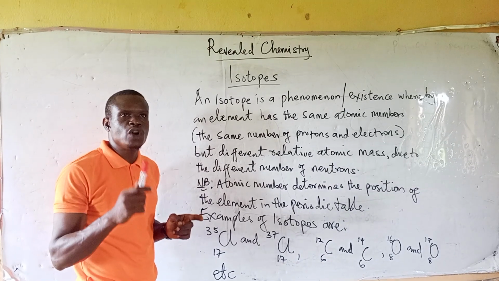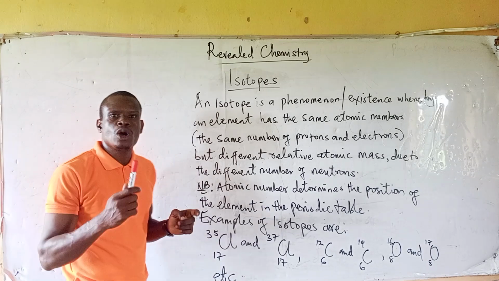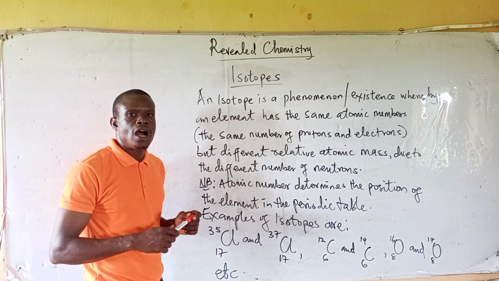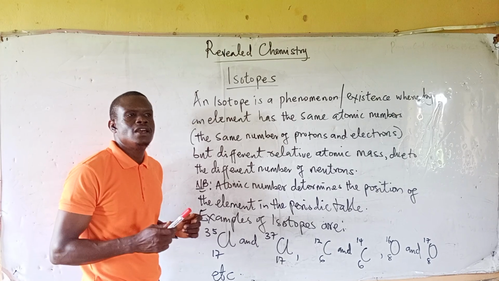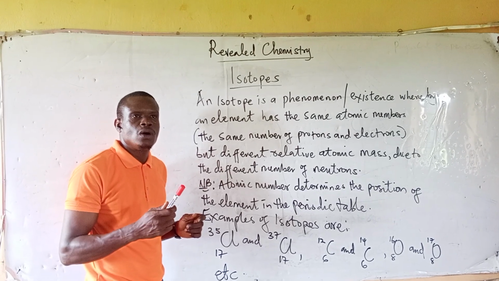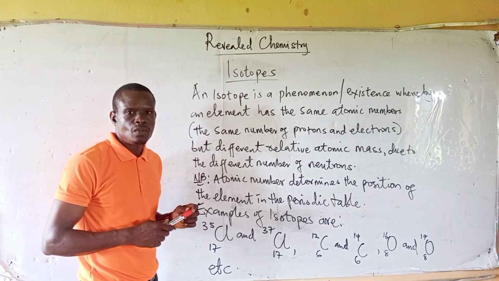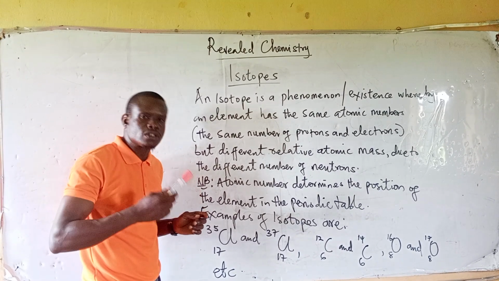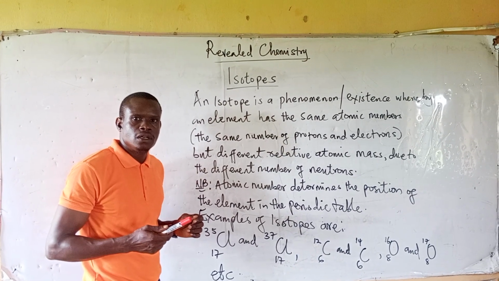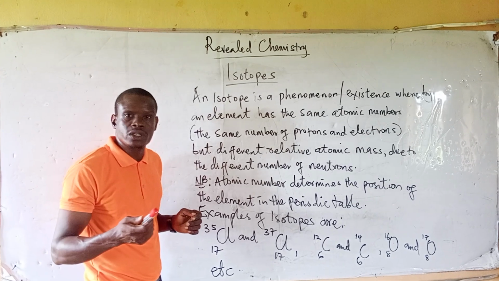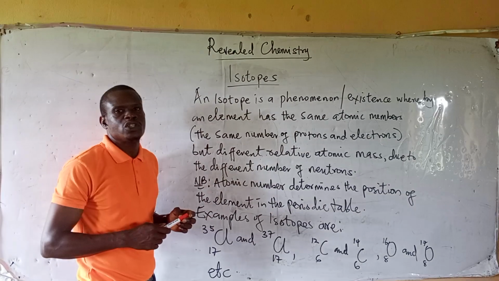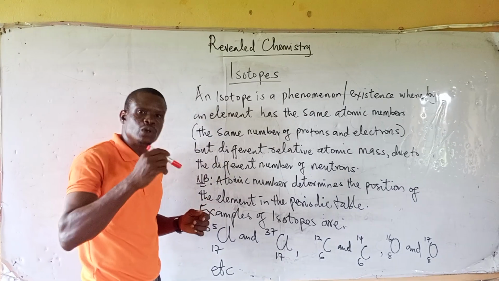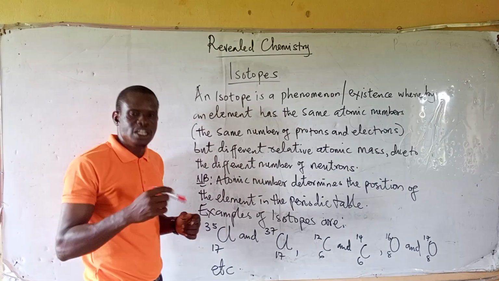If you go back to the previous video I made, when it comes to atomic number, proton number, and electrons, I told you that these numbers are the same. When you're talking about proton number, you are talking about the number of electrons of the atom. I'm also talking about the atomic number of the atoms, which determines the position of the elements in the periodic table.